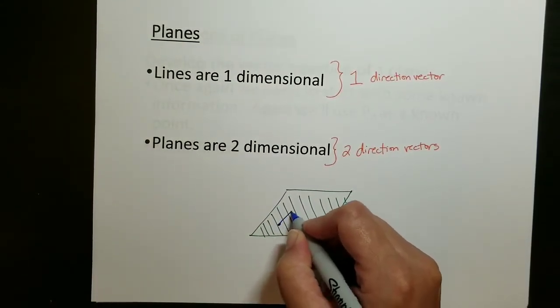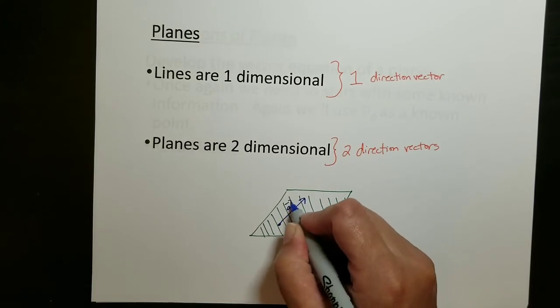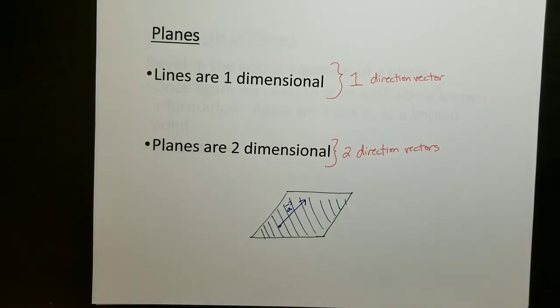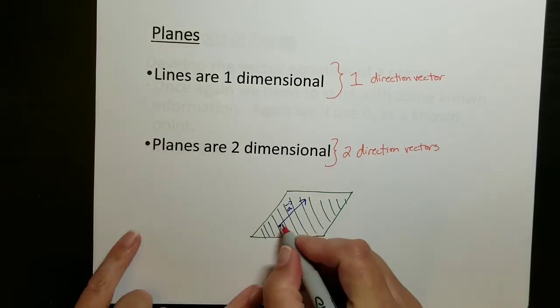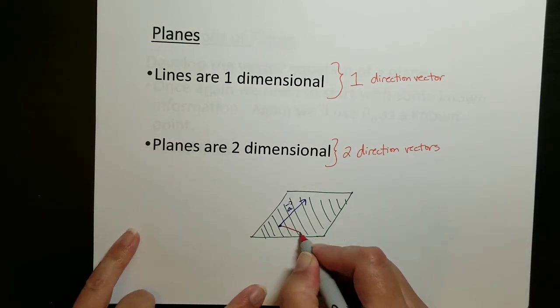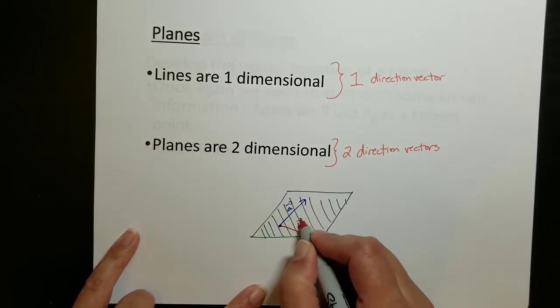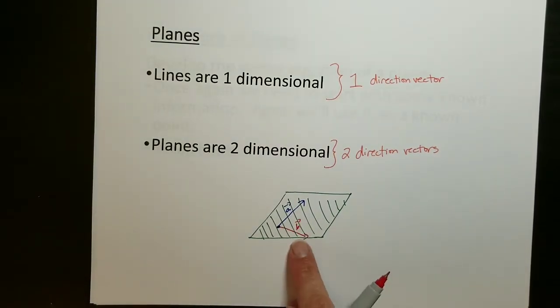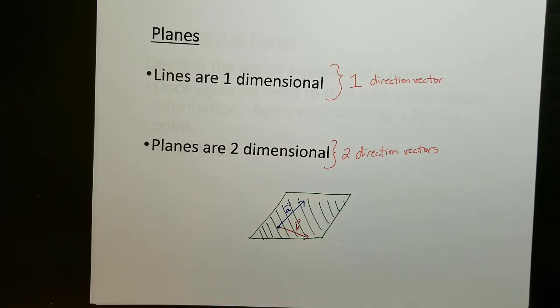So I'm going to draw vector A on my plane and another vector B. They don't have to be at 90 degrees, they don't have to be at a certain angle, but they just have to not be collinear and both lie on the plane.